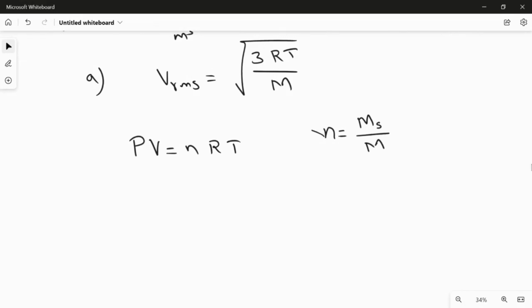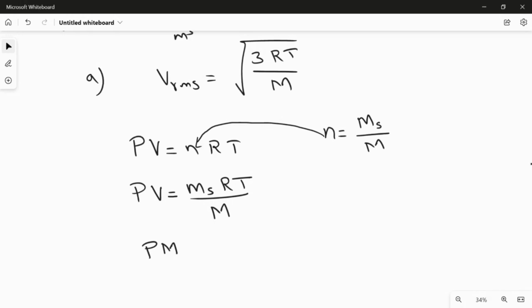Now I'm going to substitute this formula here. If you substitute, this equation becomes PV equals the mass of the substance multiplied by R multiplied by T over the molar mass. Now I'm going to move this molar mass to the left hand side, and move this volume to the right hand side. The equation becomes PM, where P stands for pressure and capital M stands for molar mass, equal to the mass of the substance multiplied by RT over volume.